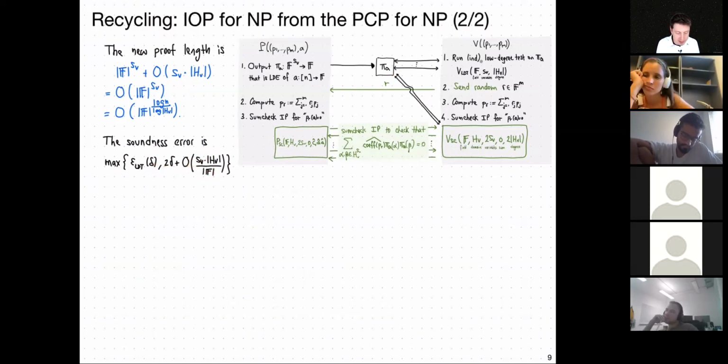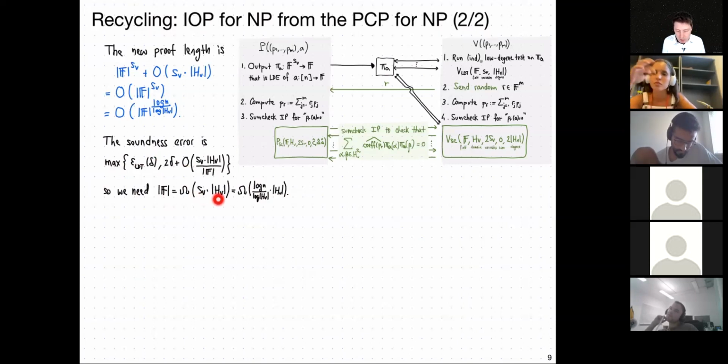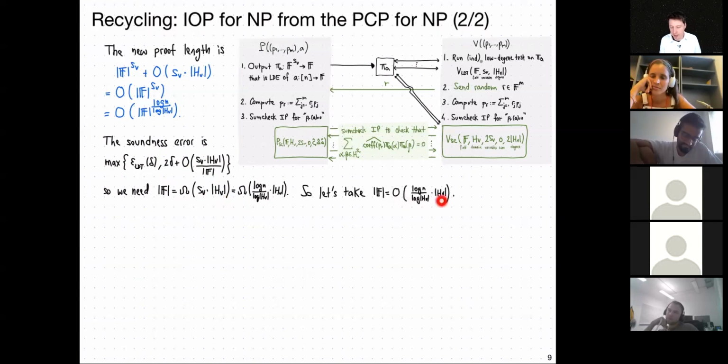You should have seen this expression already, maybe with a plus in the middle, but you can even have it as a maximum. And so it tells us that the field needs to be at least s_v times h_v, which is log n over log h_v times the size of h_v. If it has to be at least this large, fine, let's make it that large.